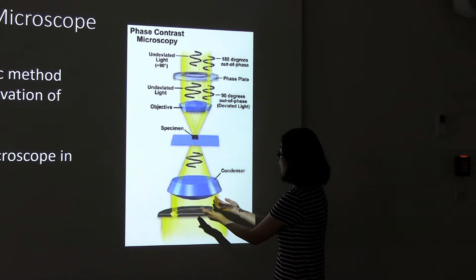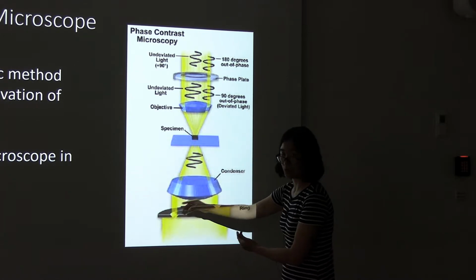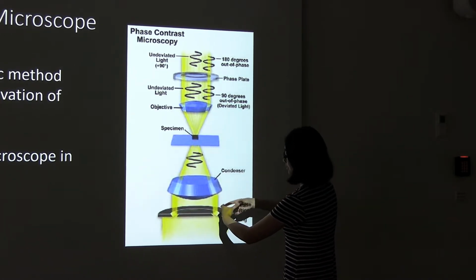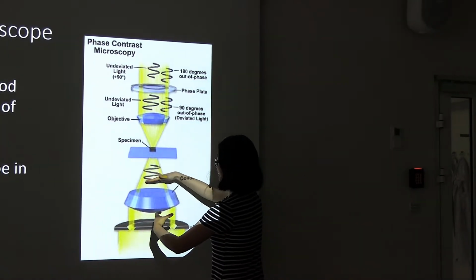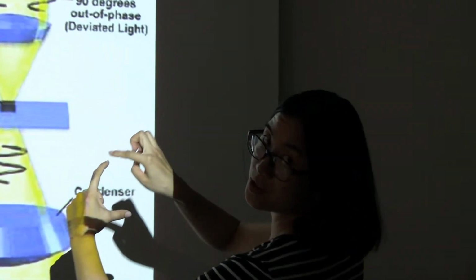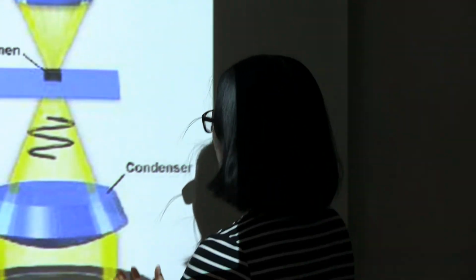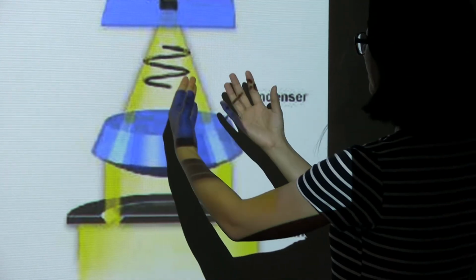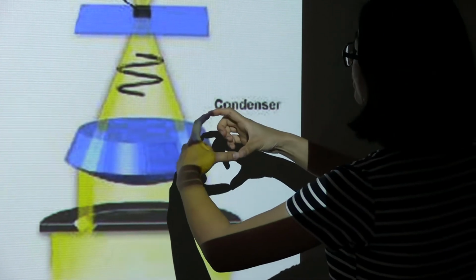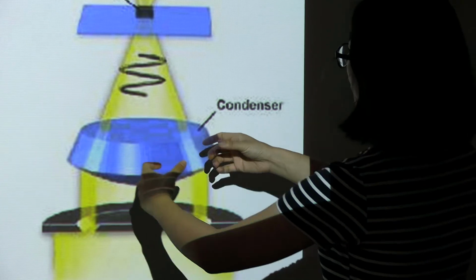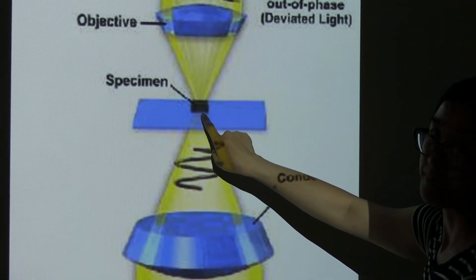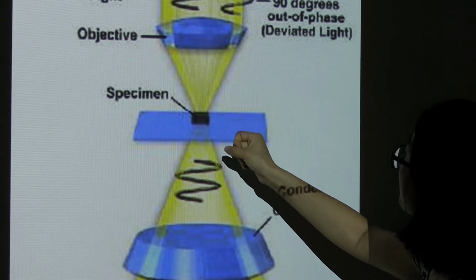Let's imagine if you look through from here, you can see the light only appears as a circle. And when it goes to the condenser lens, this circular light will be focused at the place of the specimen, and you will see a little spot.